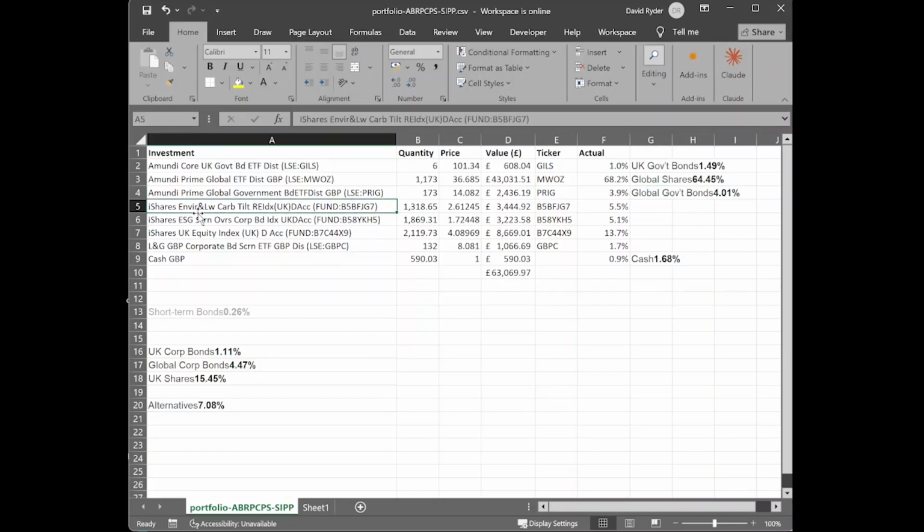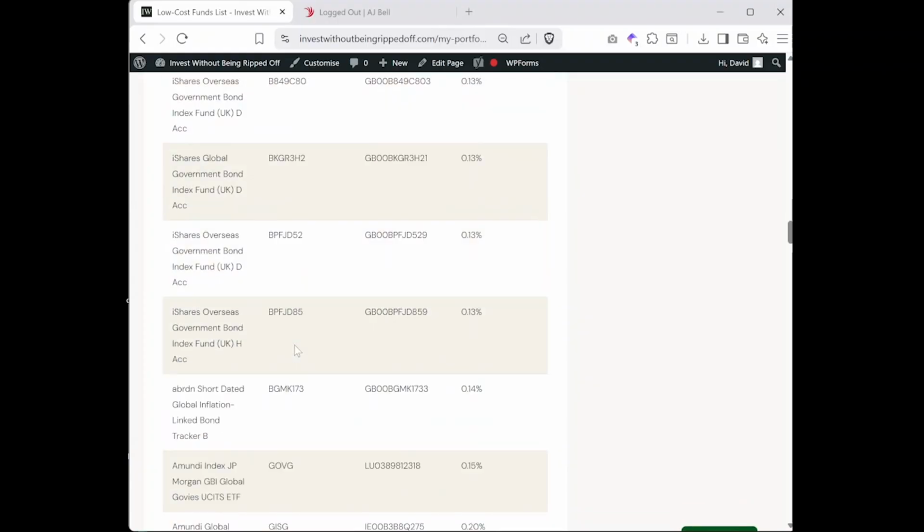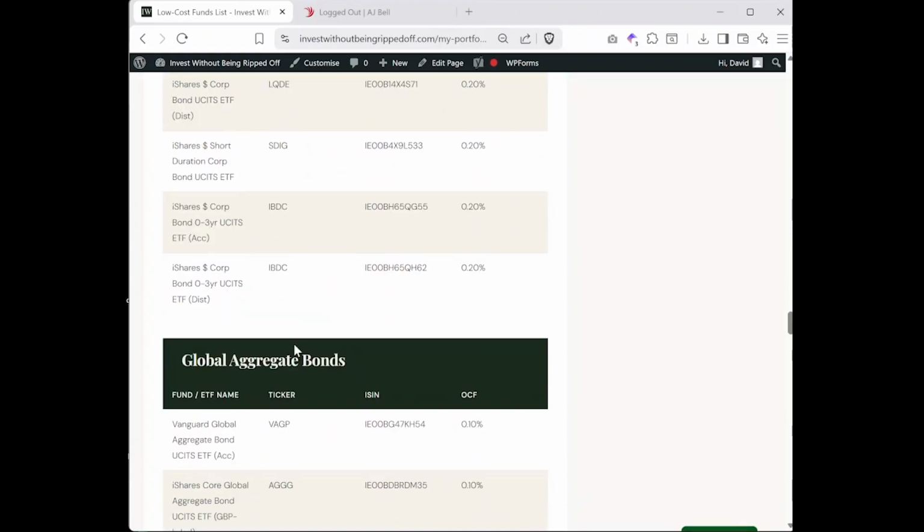Next is iShares Environment Carton. Now the key here is these two letters there, RE, which means real estate, and that tells me that this is an alternatives. And to prove it, just to make sure, B5BFJG7. So that is alternatives, which is down towards the bottom.